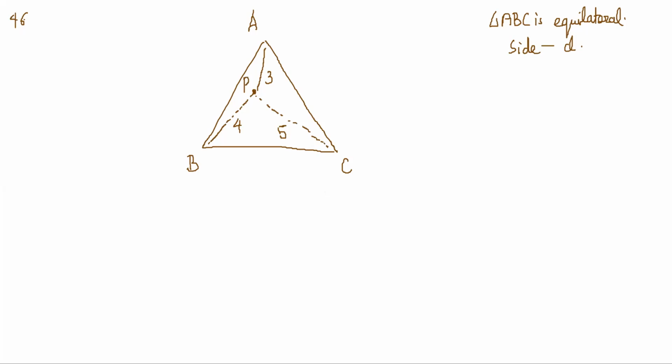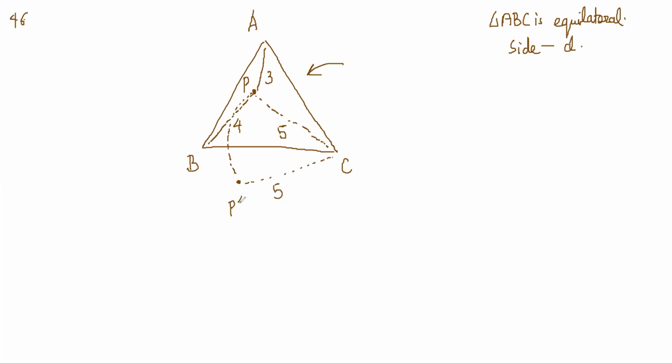Now what we have to do is rotate the triangle and P through 60 degrees about C. So it was like this, and we are going to rotate it about C. P will still be at a distance of 5 from C, but it will be somewhere here.